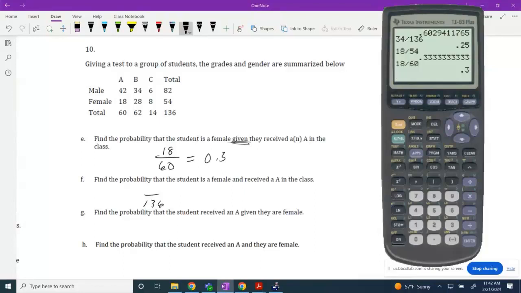It's going to be everybody in the study, 136. And for my numerator, I have to locate females that received an A. The total number of females that received an A is 18. So that's 18 out of 136, which is 0.132.